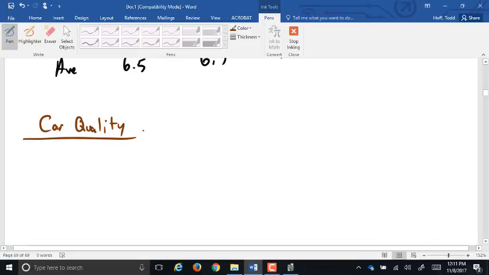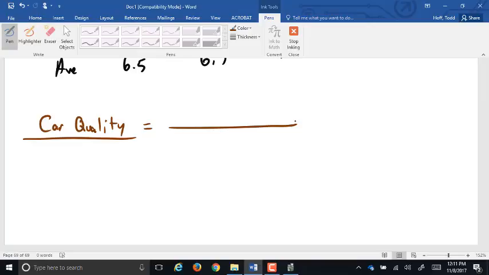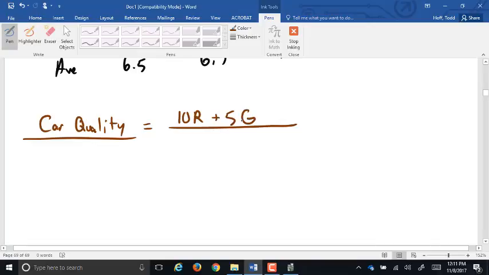They're using a 40-point scale. So they've assigned 0 to 40 points divided up amongst these 4 features. So their car quality factor here is 10 times the reliability. What that is saying is the reliability is worth 10 points of importance, plus 5 times the gas mileage.